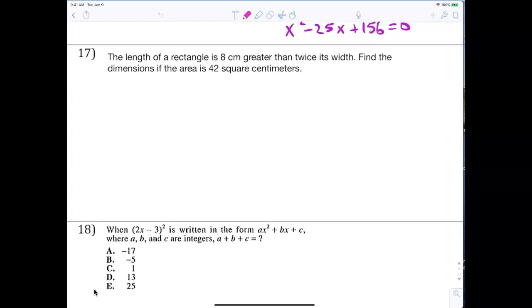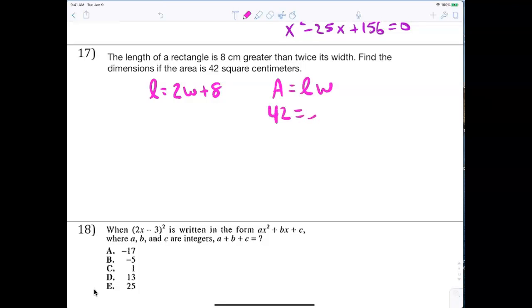It says here, the length of a rectangle is 8 centimeters greater than twice the width. So the length is what? I want the equation that you used. The length is 2w plus 8. So we agree. And then the area is equal to length times width.